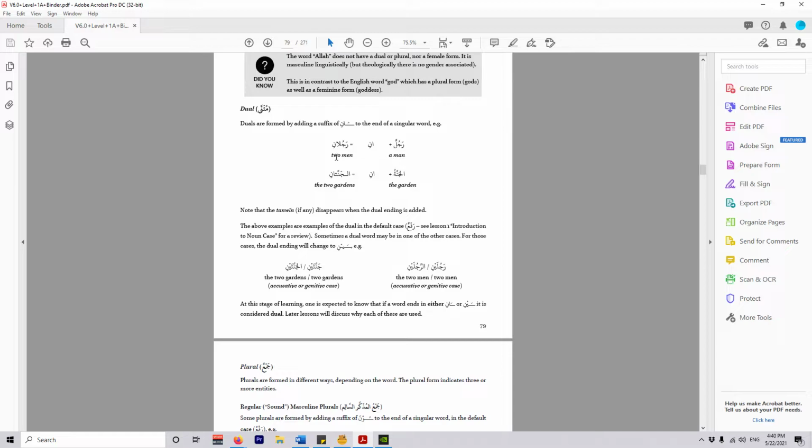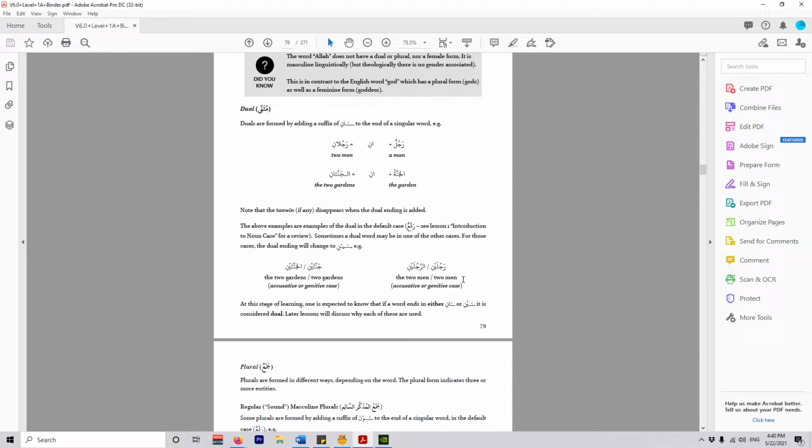So rajulan becomes rajulain, or rajulaini. So even if you've got the alif lam to make it definite, it's still going to be aini at the end.